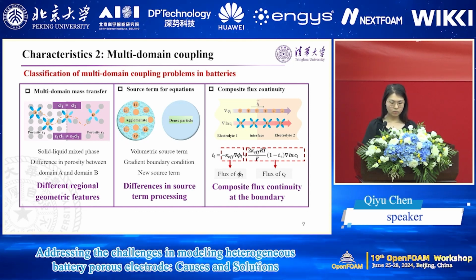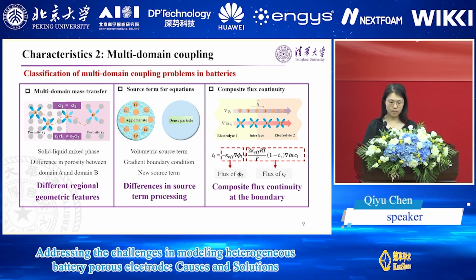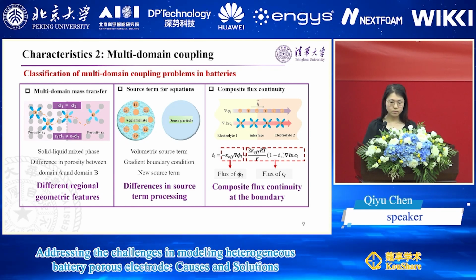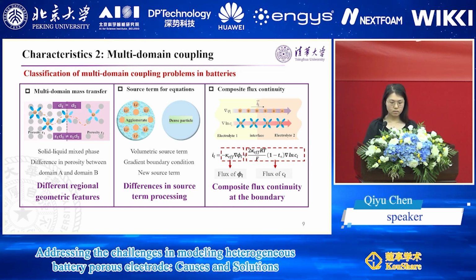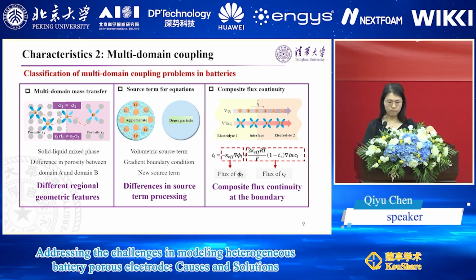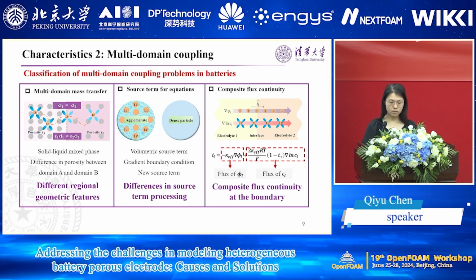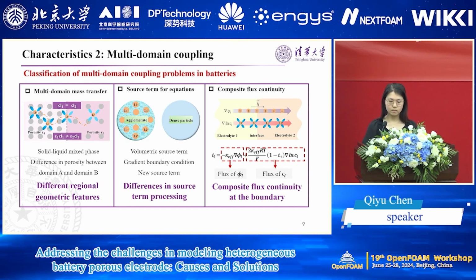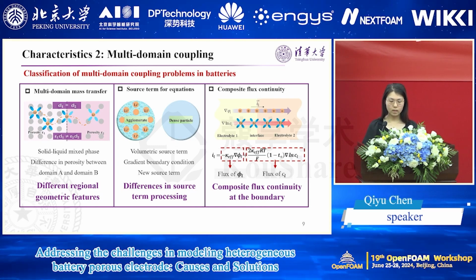It's due to the assumption of homogeneous solid-liquid mixing, and when there is a difference in porosity between two neighboring physical domains, the problem of discontinuity of the physical field between the physical domains is caused at the boundaries due to the difference in physical properties. How to solve the equations in these domains as a whole is a major difficulty.